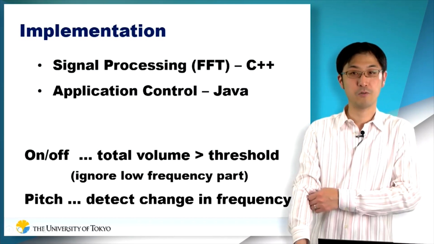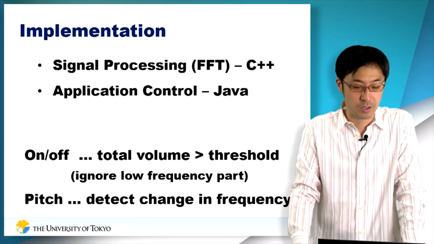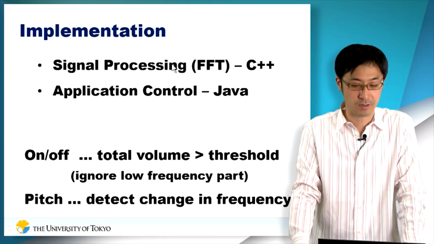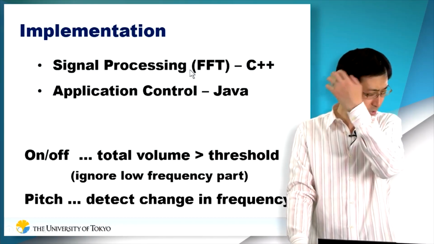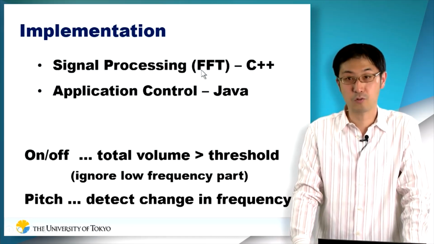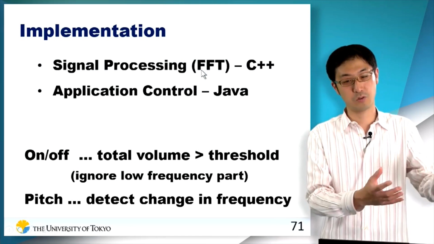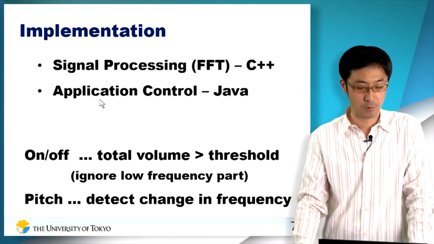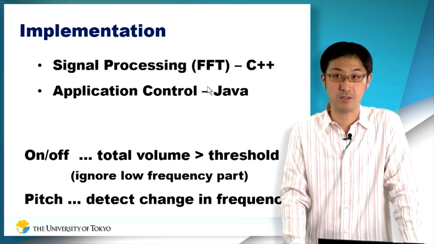So let me briefly describe the implementation of this kind of system. First, we use signal processing techniques, and we use an existing Fourier transform library. It transforms the input voice signal data into the frequency domain. And then the application control is implemented in Java.